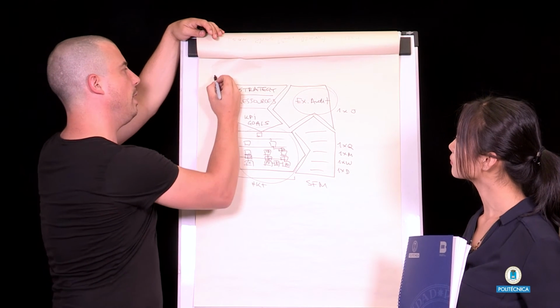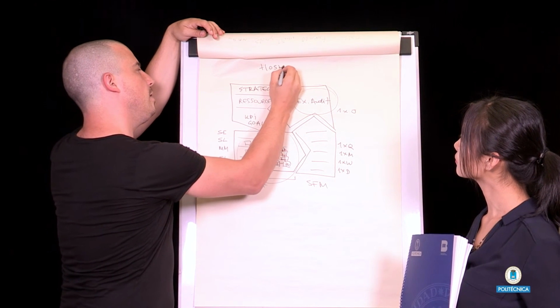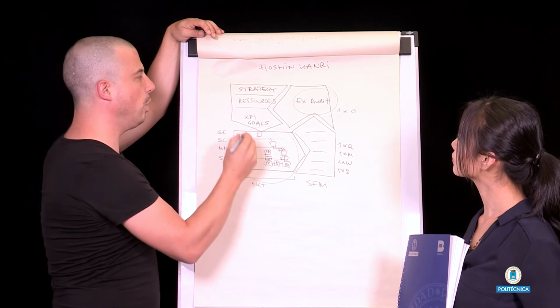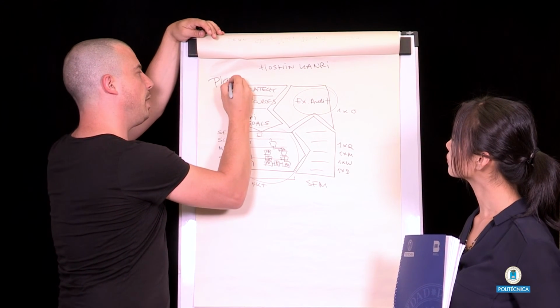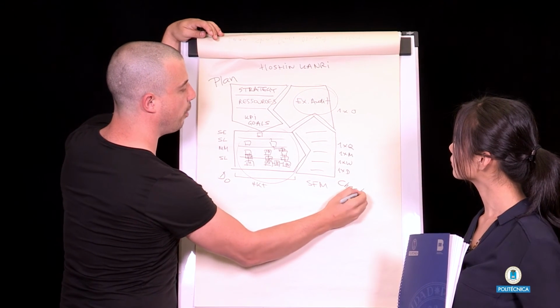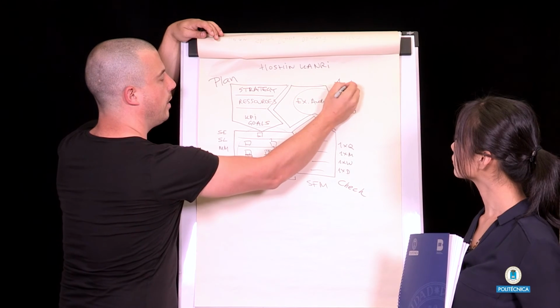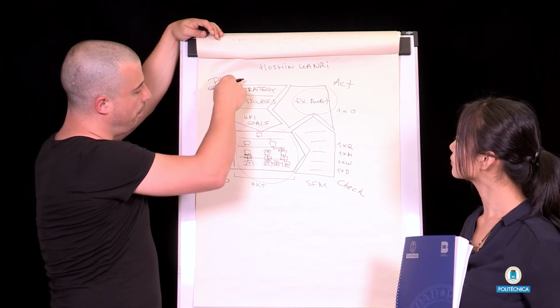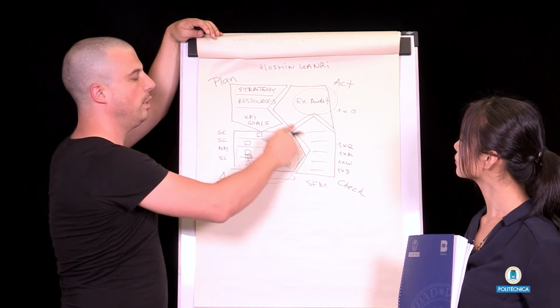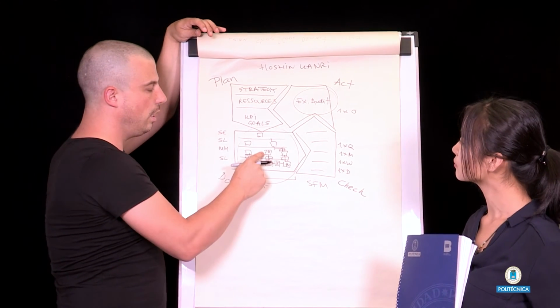So this is going to be a HOSHIN KANRI organizational approach, in which this is the plan, this is the do, this is the check, the shop floor management, and this is the act. So as you see, we have a PDCA based upon a bunch of PDCAs in the shop.